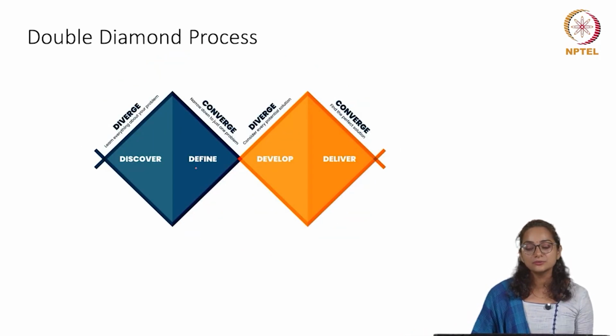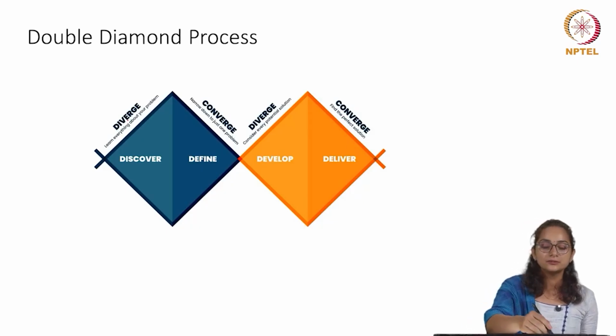Many a time you might find on the internet that there is also a double diamond process, which is also commonly used when you look up design thinking. The idea behind this double diamond process is the same, but it involves two diamonds with basically 4 steps.